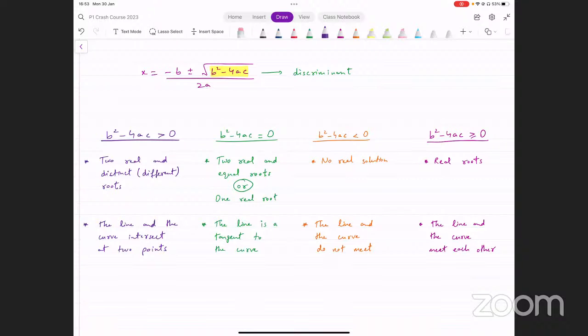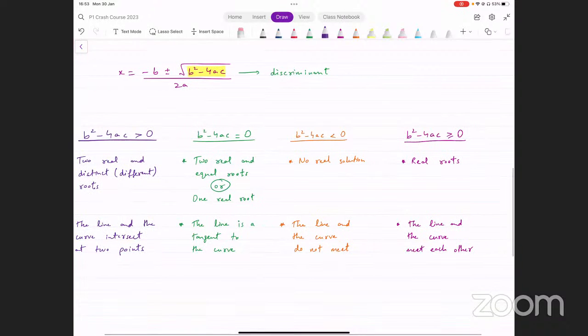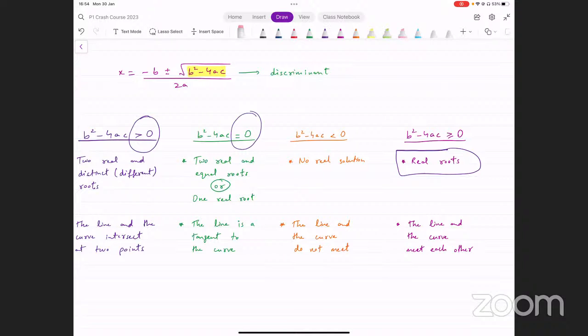Now, sometimes you'll just be given that some equation has real roots. Since you do not know whether there is only 1 root or 2 roots, that means it could be the first case or the second case. So you combine both of them and you say b square minus 4ac is greater than or equal to 0.